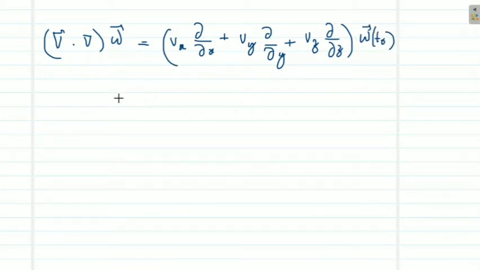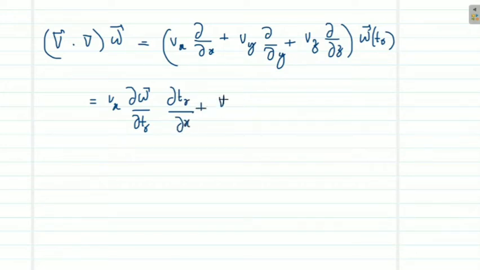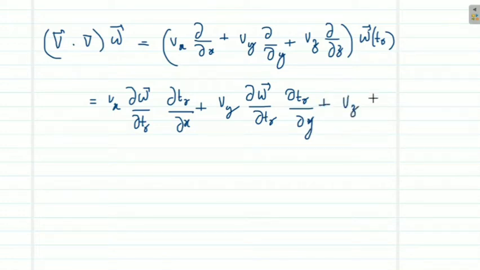So just like the previous case, we need to do vx into dou w bar by dou tR into dou tR by dou x plus vy into dou w bar by dou tR into dou tR by dou y plus vz into dou w bar by dou tR into dou tR by dou z.